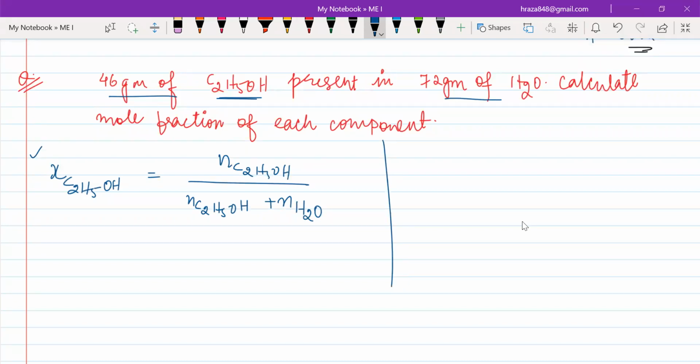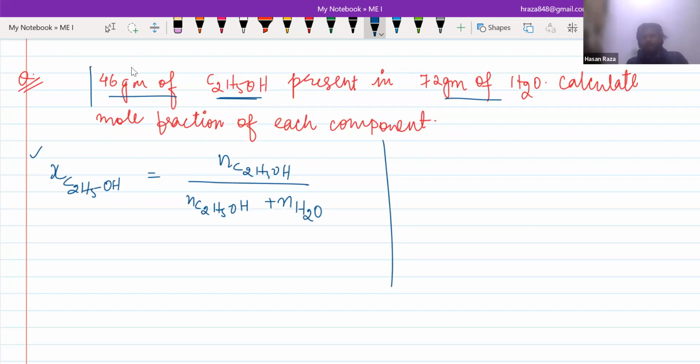Yes, sir. Now, mass is given and we need to put the value of number of moles. So we will calculate number of moles of C2H5OH, which has a formula given mass upon molar mass. What is the given mass? 46 gram. Can you calculate the molar mass of this C2H5OH?